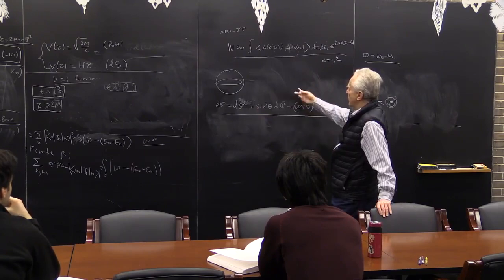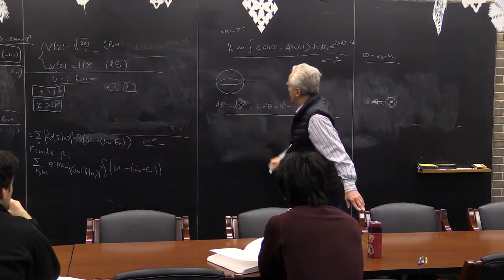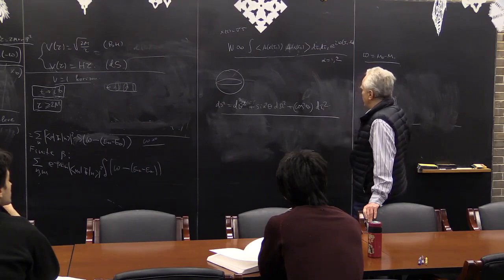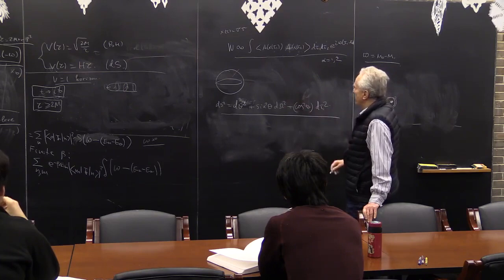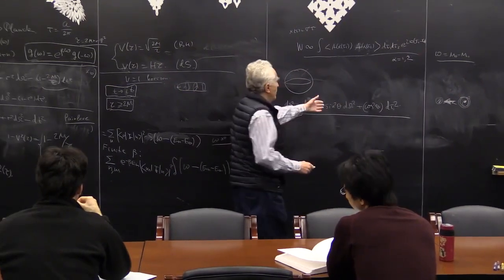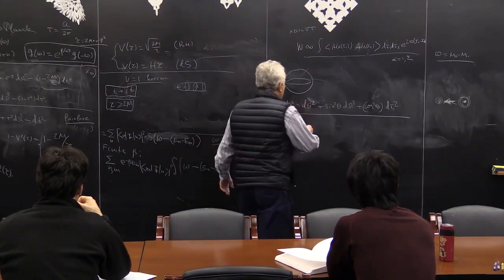That's kind of what theta is, just the azimuthal angle. Tau is the analog of the polar angle, and so on. So that's trivial. And as you see, the metric is completely regular.